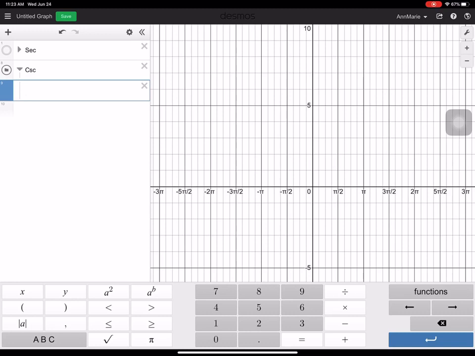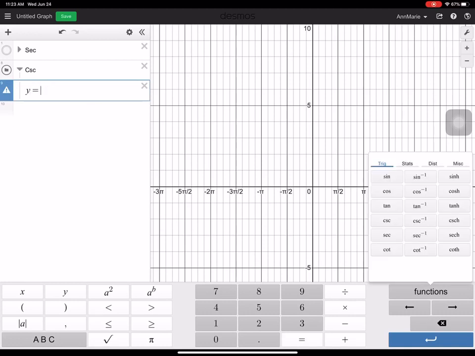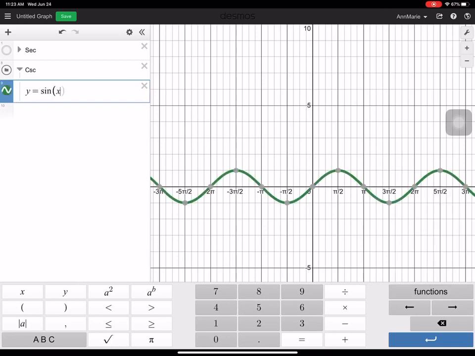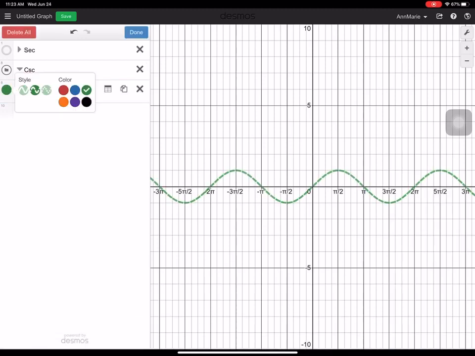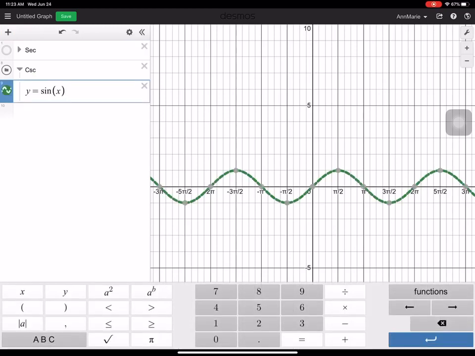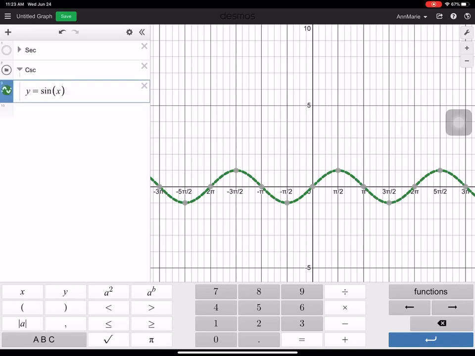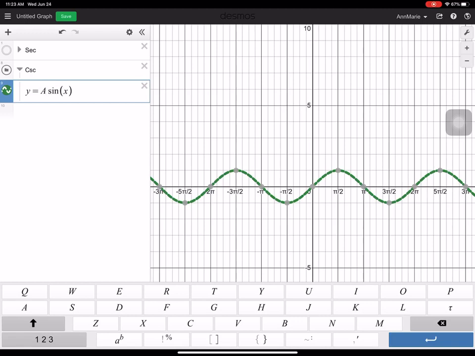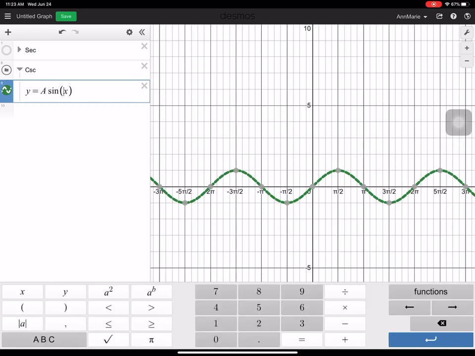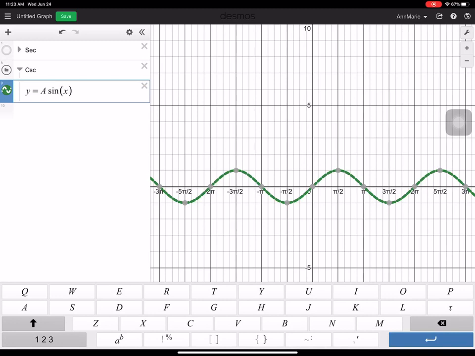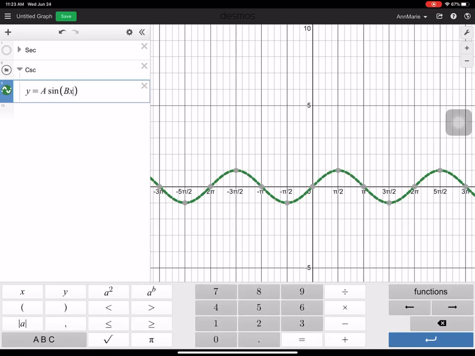And so what I want to graph is, remember, cosecant comes from sine. So I'm going to start with a sine function. And I'm going to make it dashed so that we know it's just for reference. I'm going to make this one that I can adjust later, so I'm going to put in my multipliers and my shifts, because we're going to talk about that in a second.